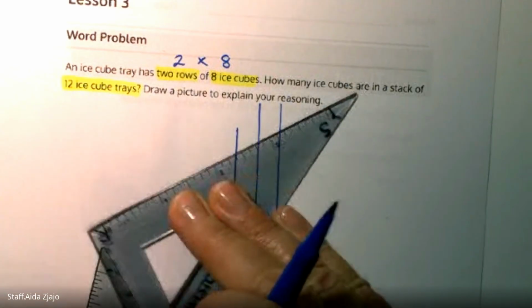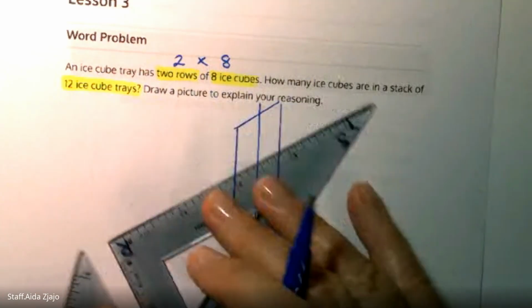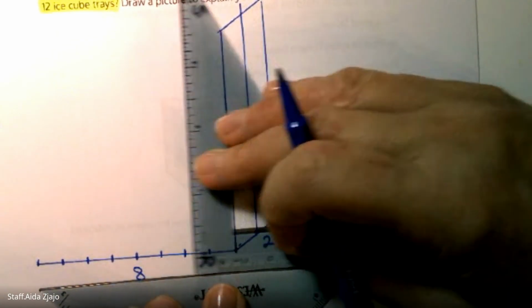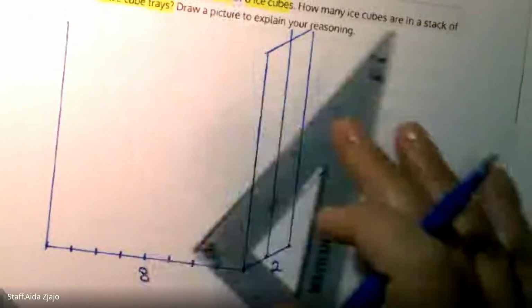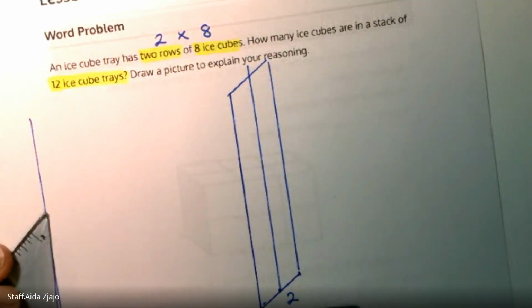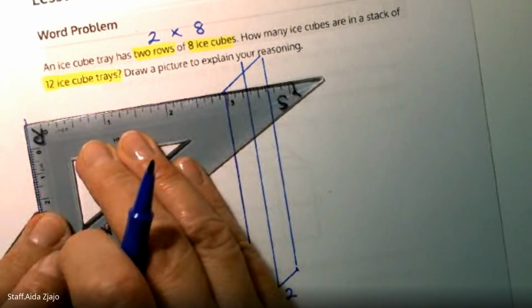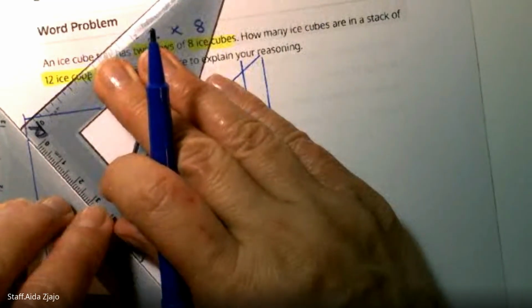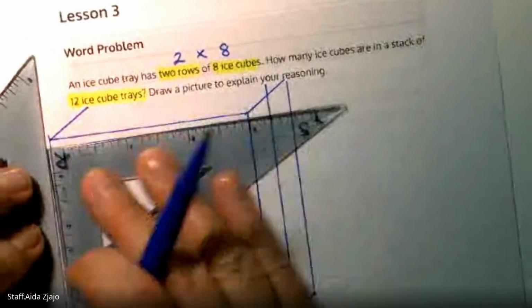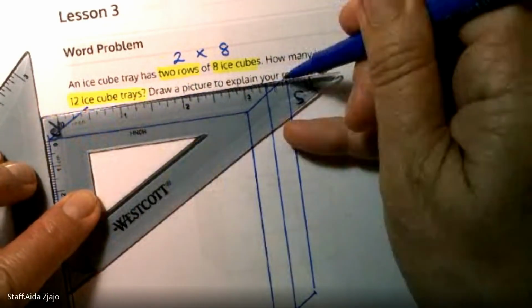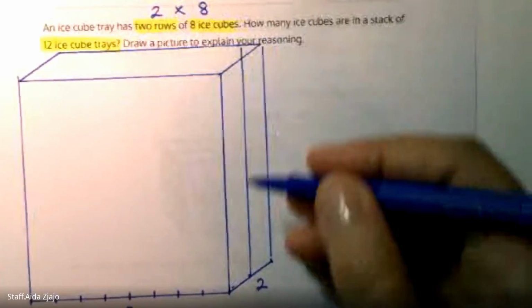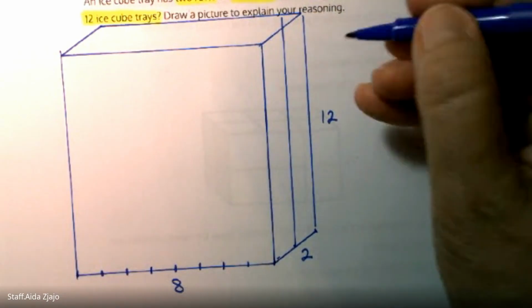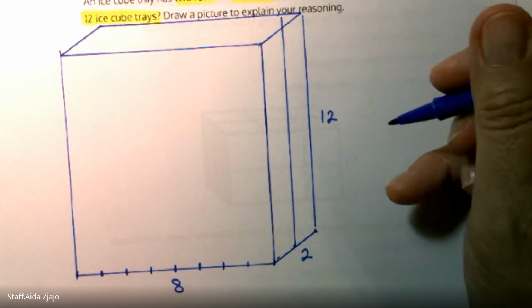Okay, so this is the 12 trays. We should have 11 lines in order to have 12 trays.